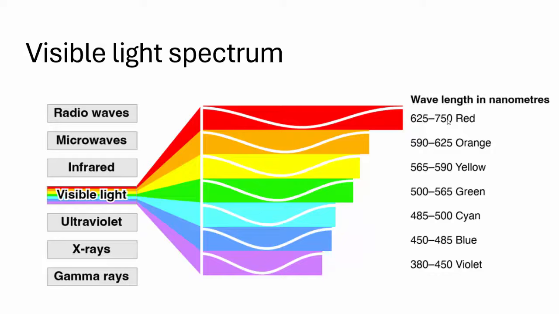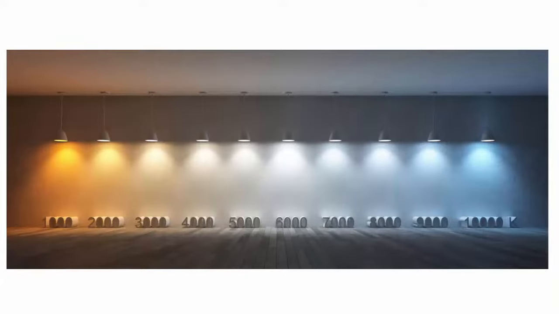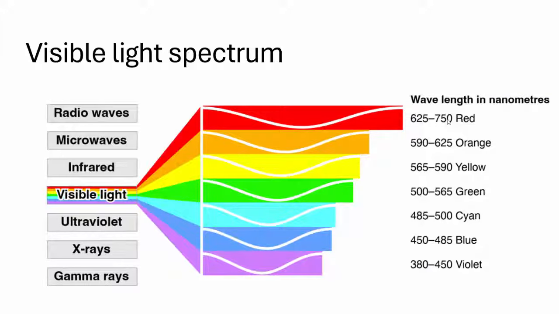Now, the light which we use generally in architectural lighting, we have of different CCTs, right? The color of light ranges from warm white to cool white, from 2700 Kelvin to 6500 Kelvin. Let us see that with an example.